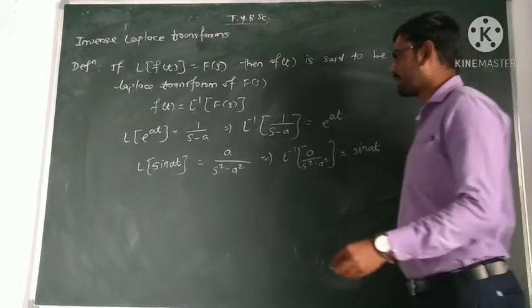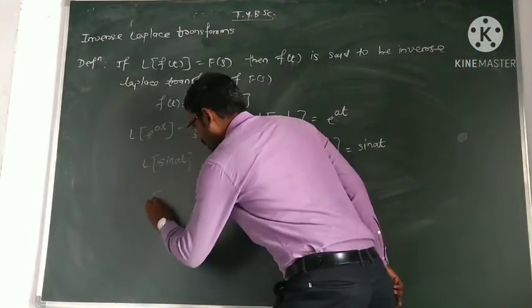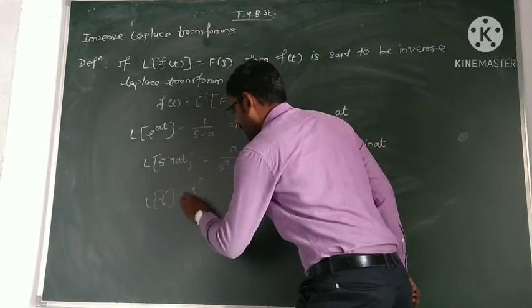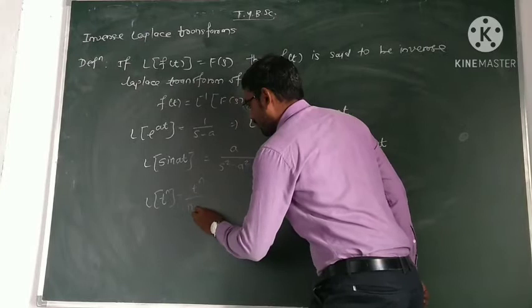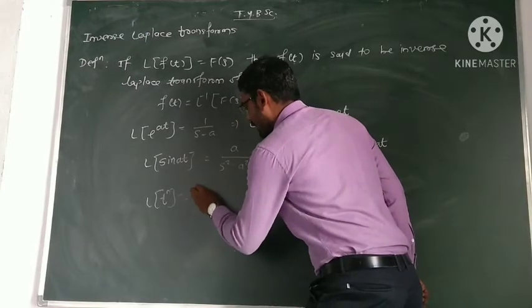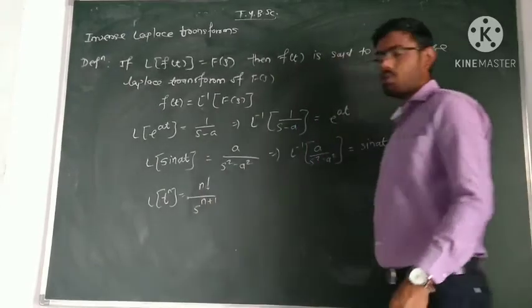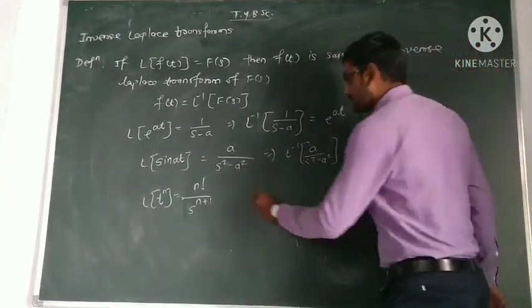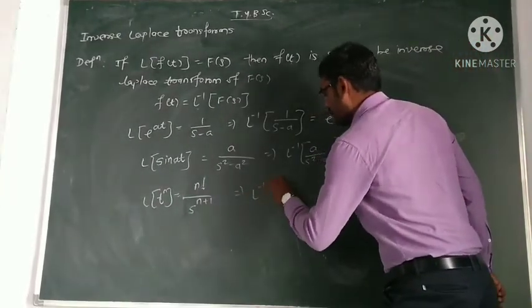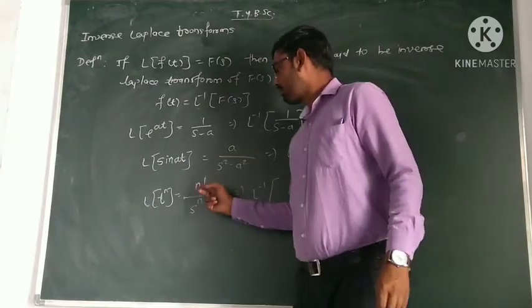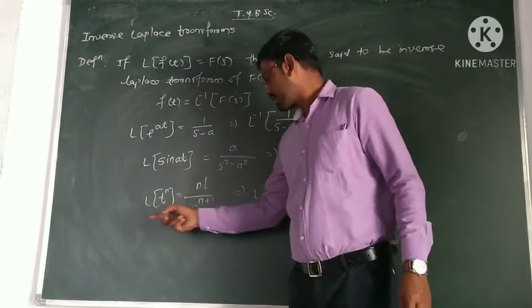We also know the Laplace transform of t raised to power n is equal to n factorial upon s raised to power n plus 1. This implies the inverse Laplace transform of, now transfer the same method to this side.